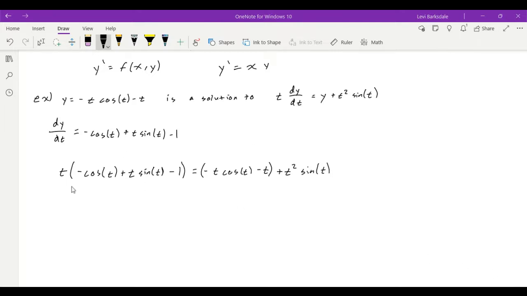And then I can go ahead and distribute, and I get negative t cosine of t plus t squared sine of t plus t is equal to negative t cosine of t minus t plus t squared sine of t. And these two things are obviously the same, so this equation here is a solution to my differential equation. And that's just a way of verifying that a solution is correct.